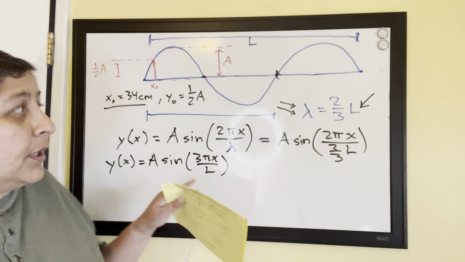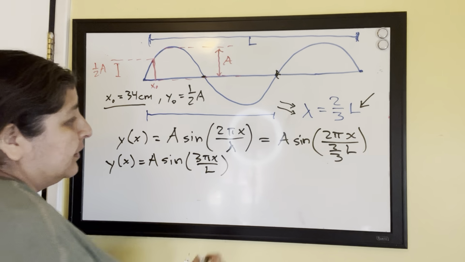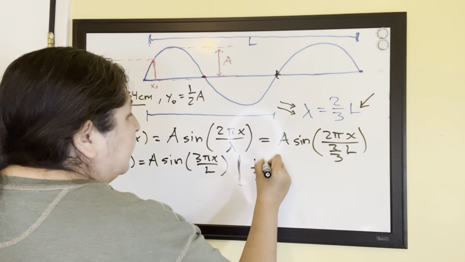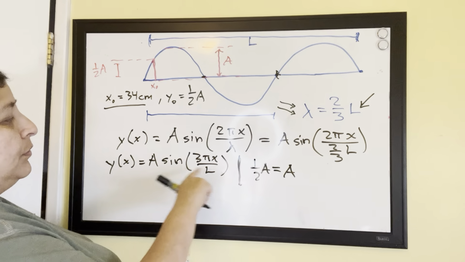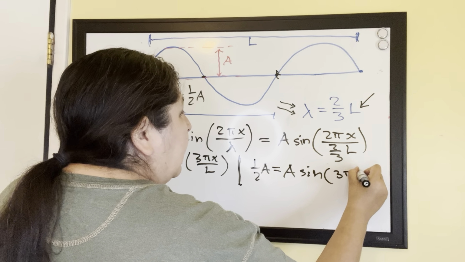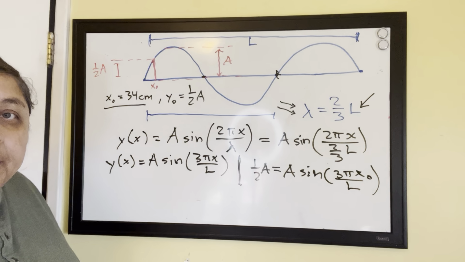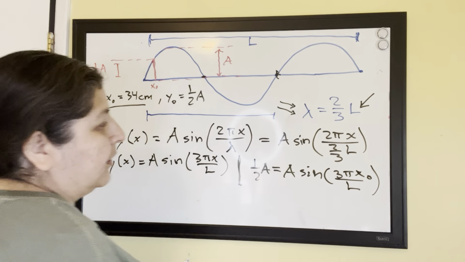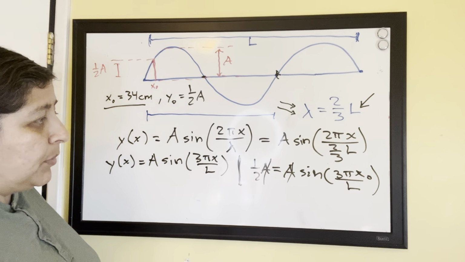Now we're going to use what we're given, which is that at x naught, y naught is equal to 1/2 a. So 1/2 a is equal to a times sine of 3 pi x naught over L. Now we can cancel out the a from both sides.